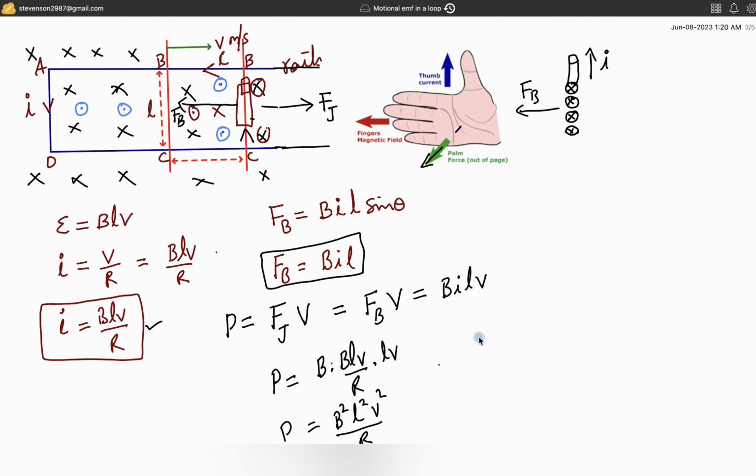So here we have electrical energy passing through the loop, and that electrical energy is dissipating in the loop in the form of heat.